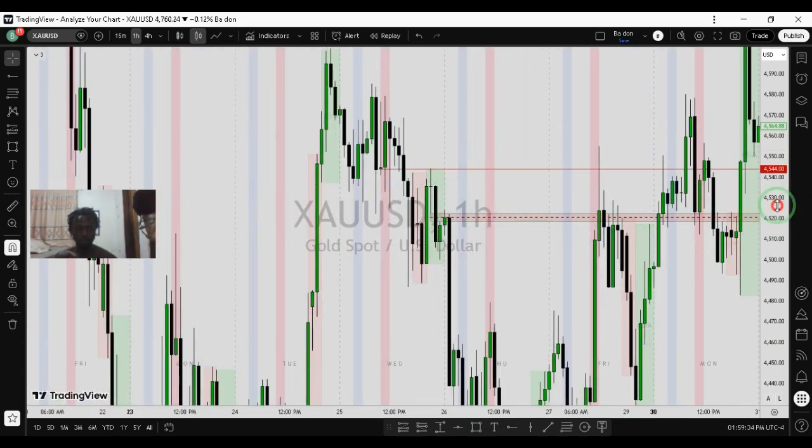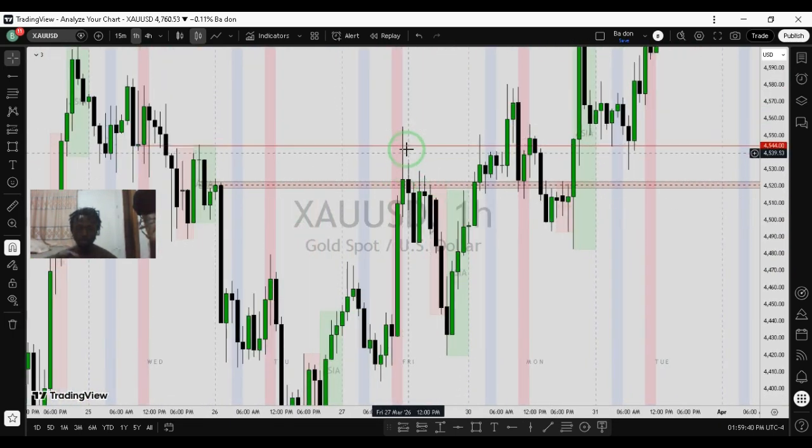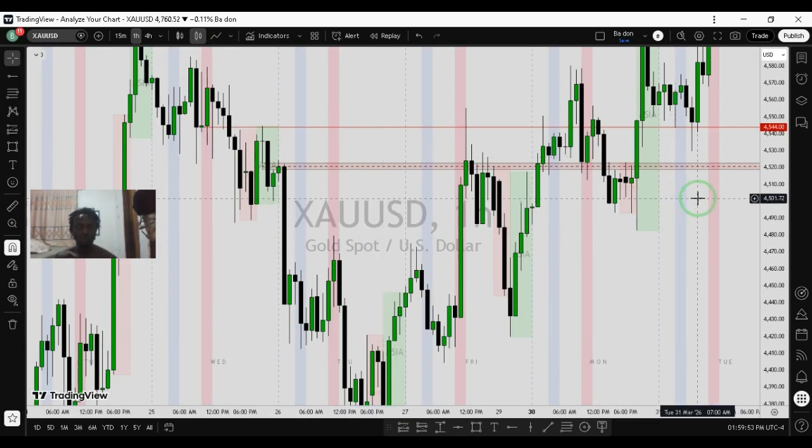As you can see, it worked out pretty well. And right here, price injected the order block again from a higher time frame, failed to give us the kind of order block we were looking for, so we didn't have a valid setup here, so we just ignore.